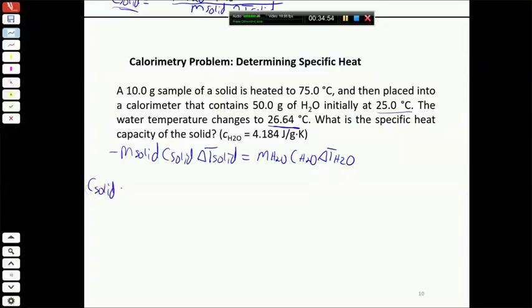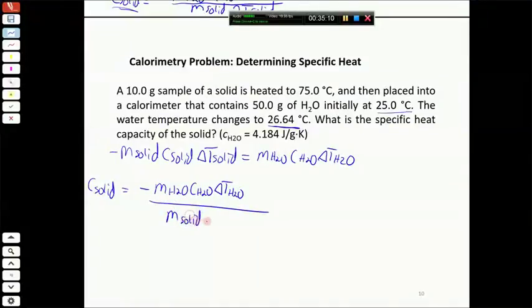So again, this is the unknown that we're looking for, and when we do a little bit of algebra, we get this expression that we derived in the last slide for the heat capacity. And then we just have to plug in numbers.